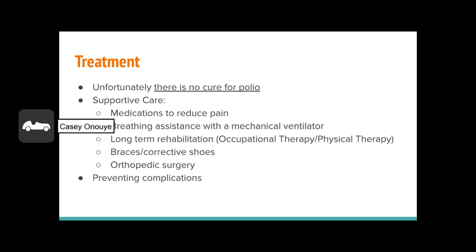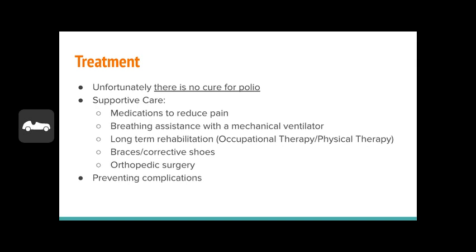Unfortunately, there is no cure for polio, although there is supportive care, which is providing relief from the symptoms depending on the severity of the type of polio that you have. So supportive care would be medications to reduce pain, breathing assistance with a mechanical ventilator, long-term rehabilitation, including occupational therapy or physical therapy.